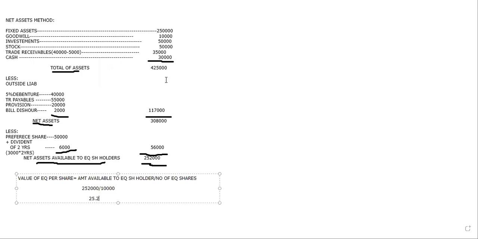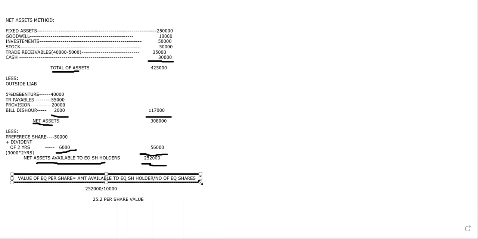Correct? You got it now? Now take down a screenshot. We'll move on to the next problem. This is the formula and this is the answer.